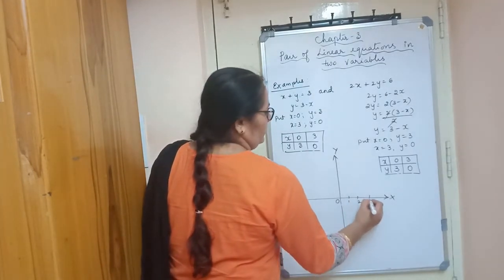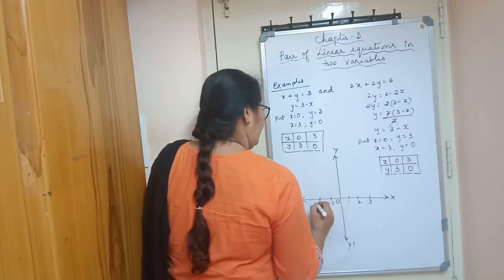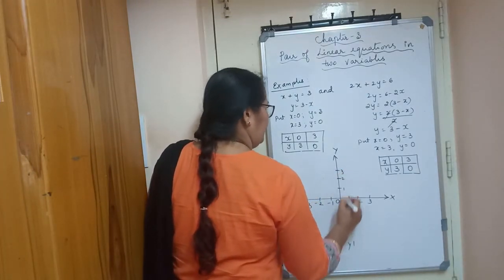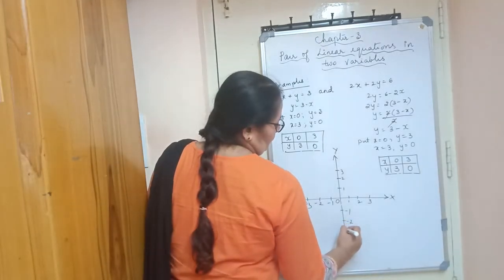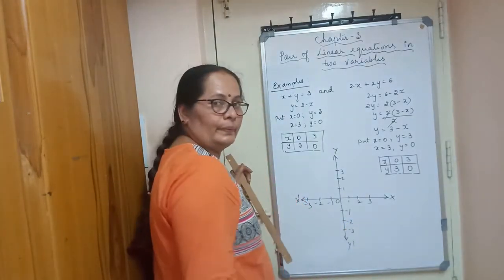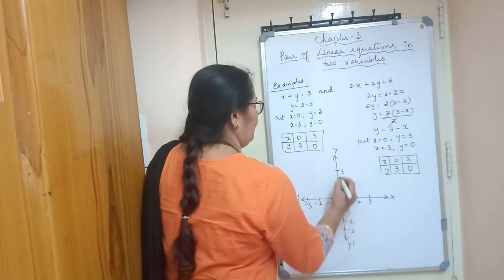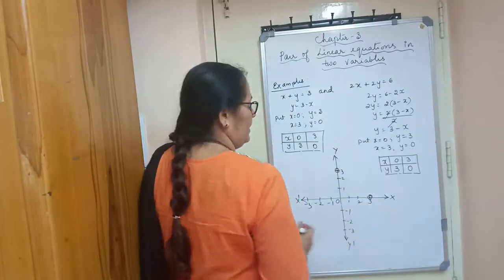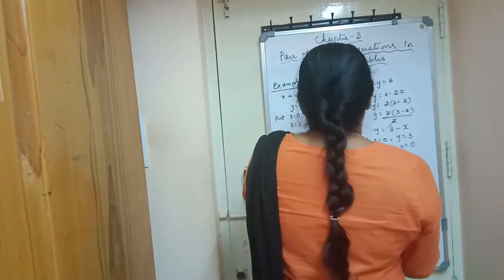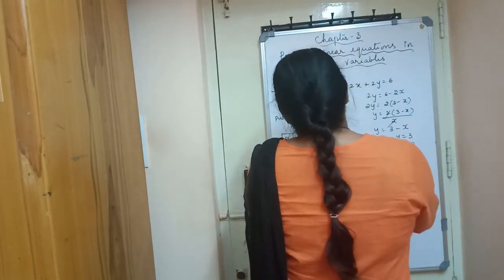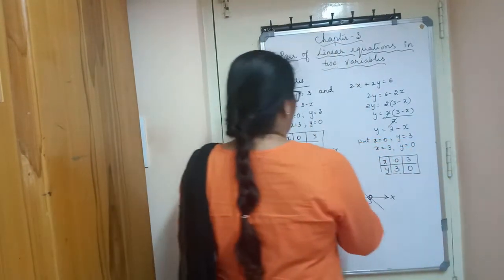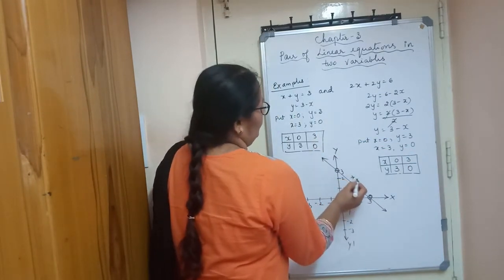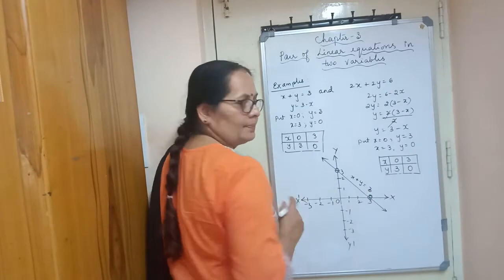Mark 1, 2, 3 here and 1, 2, 3 here. When x is 0, y is 3, and when x is 3, y is 0. This is one straight line. Join these points. So this is for the equation x plus y equals 3.